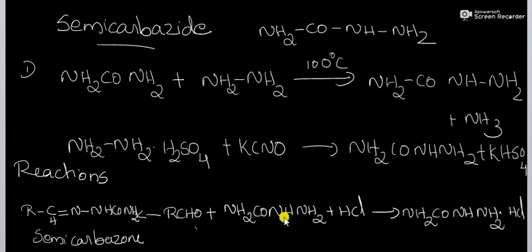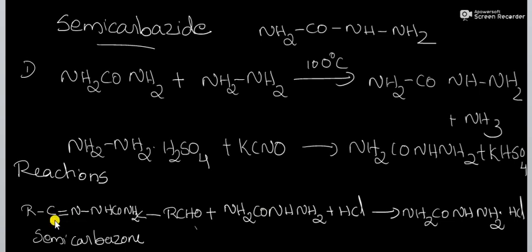When semicarbazide reacts with the aldehyde, it converts it into aldehyde semicarbazone, that is RCH=N-NHCONH2. Here a water molecule is eliminated, and semicarbazide is converted into semicarbazone. The functional group is imine, C=N, also called a Schiff base.